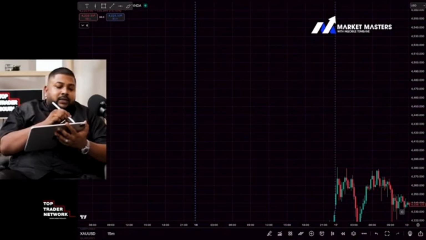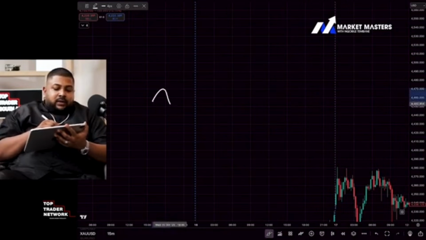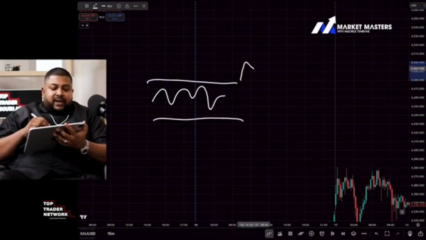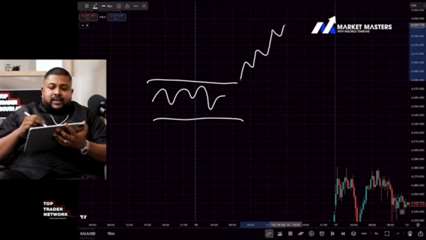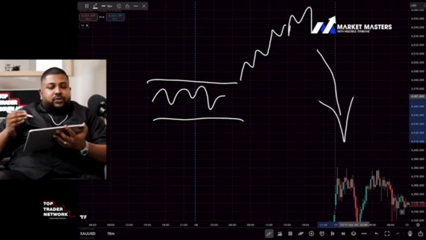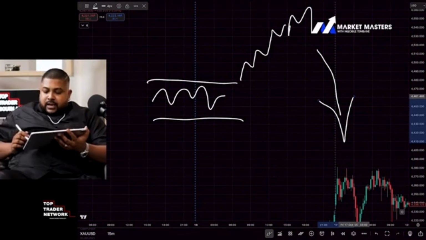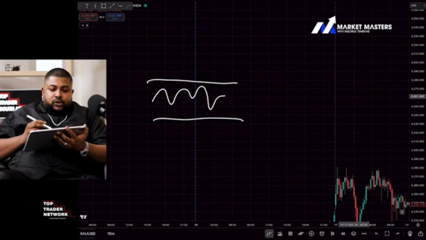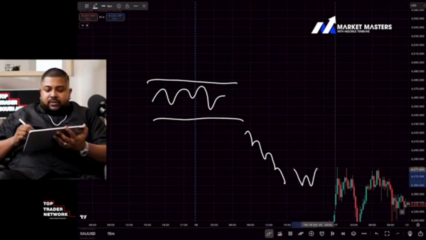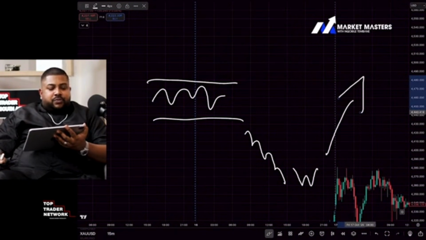Ideally, you want to see price accumulate, then break out of that range, create a double top, which is an M formation, and then eventually distribute to the downside. The reverse of that, and stop me if I'm going too fast, is price breaks out of the range to the downside, creates a double bottom, and then distributes.